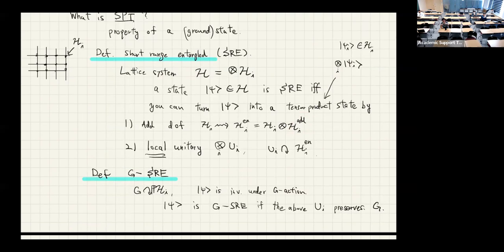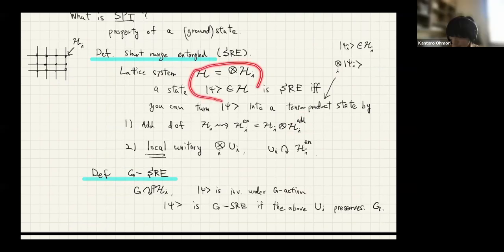At this stage I'm only explaining this choice. To do this one, you need to be clever to find this operation to make this state. So this state is entangled.